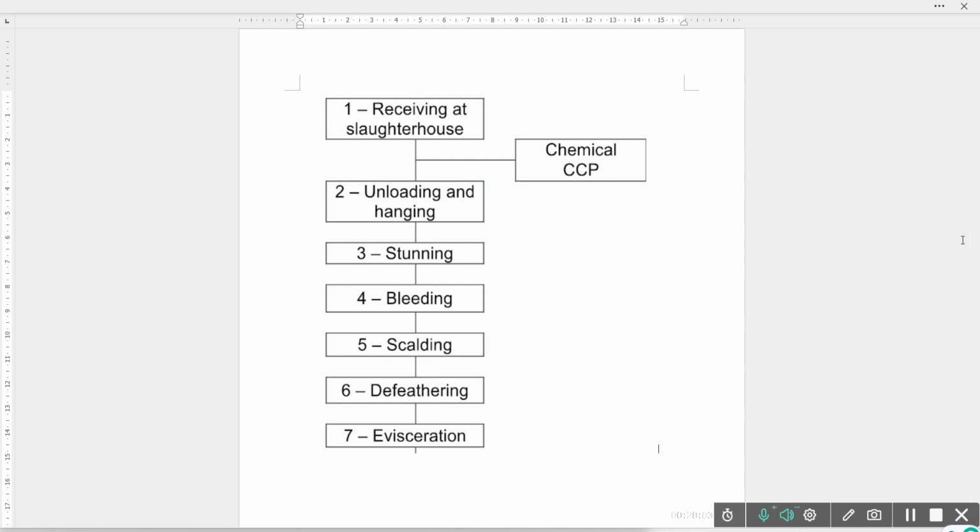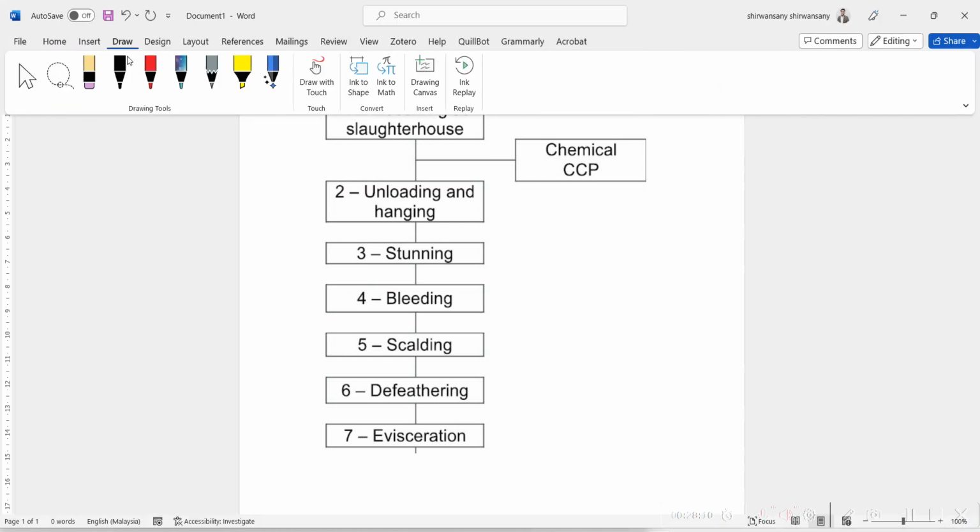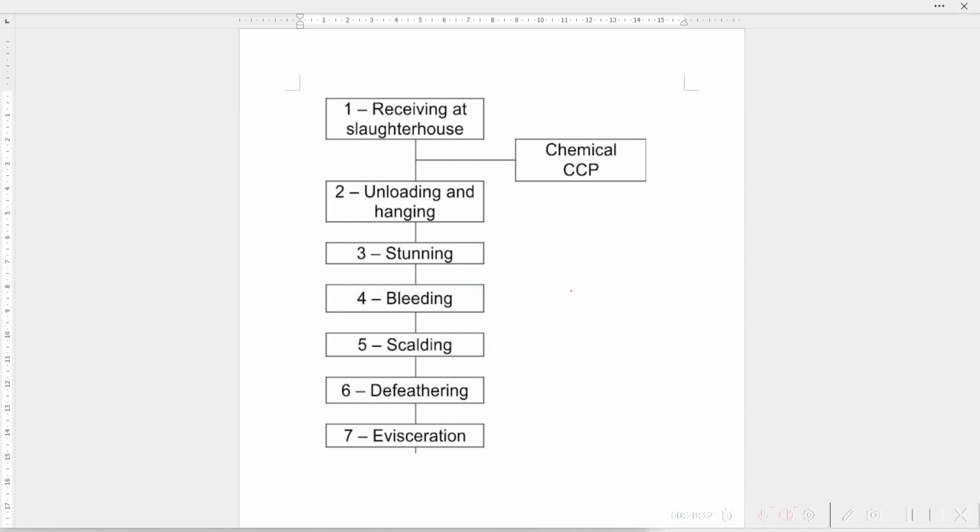So what you shall do, usually, if you are working with the slaughterhouse, when you want to slaughter chicken, you will receive a chicken at the slaughterhouse. Okay, what actually happens before you receive a chicken at the slaughterhouse? Can we simply receive a chicken from anybody? So, they shall go to the farm, correct?